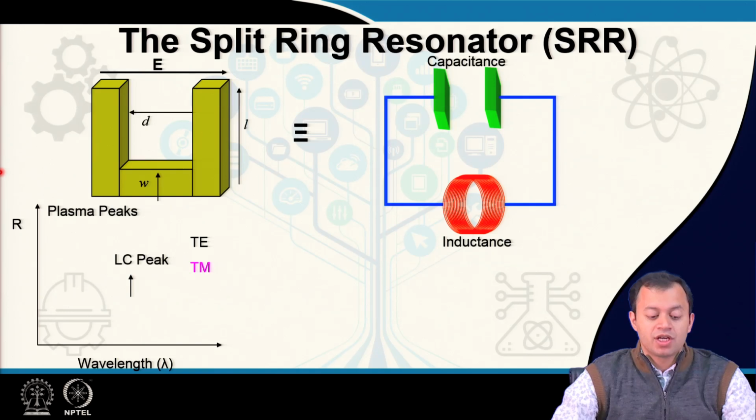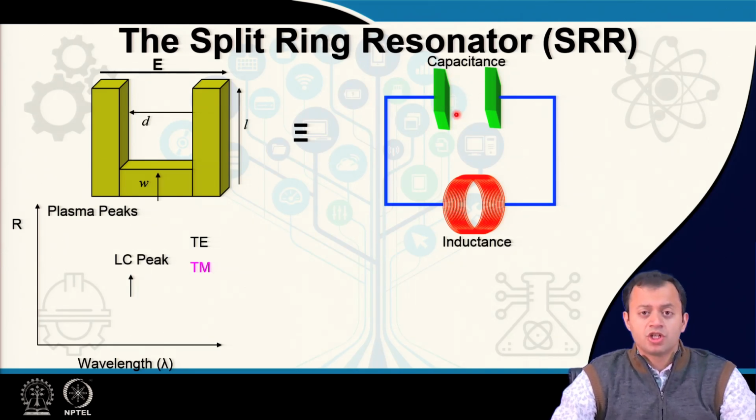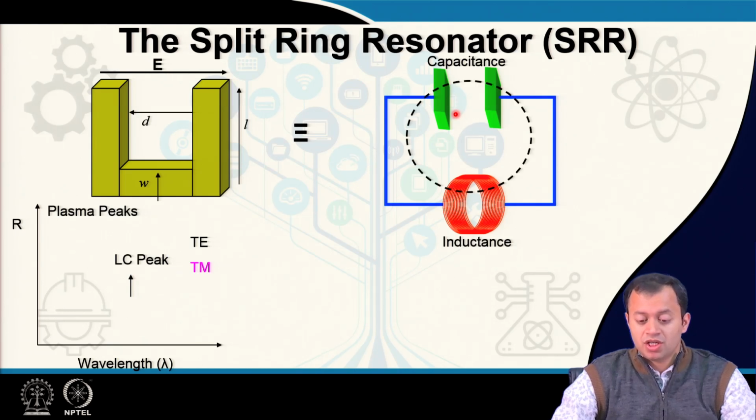If you shine light onto it, a polarized light with electric field across the gap, if there is an electric field across the capacitor, there will be charging and discharging, and if there is charging and discharging, an electronics or electrical engineering student will tell you there will be a current flow in the circuit.